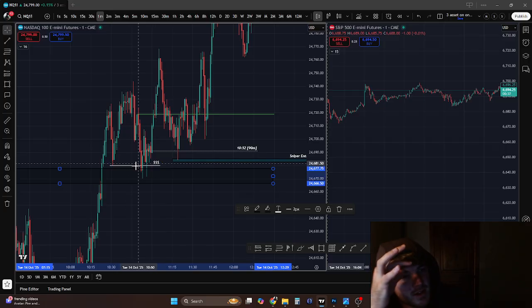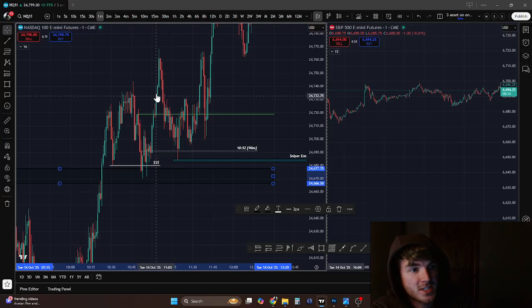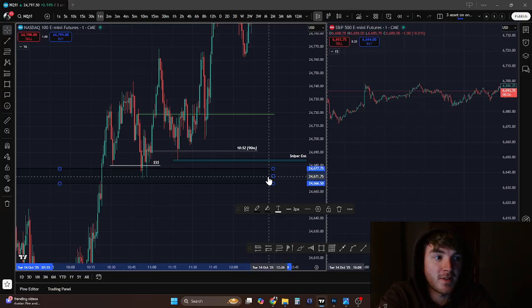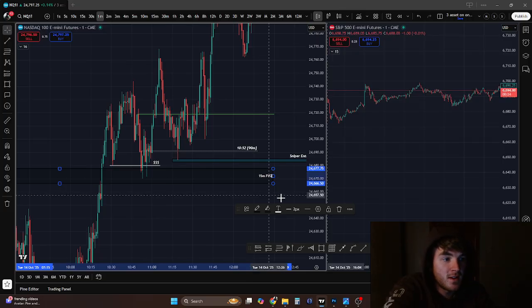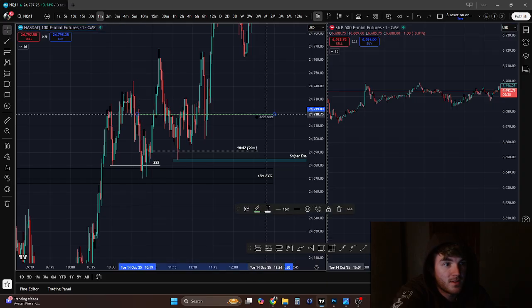So the flow state model is liquidity sweep, and then change in state of delivery, and then we use a higher time frame key level. So if we have a 15-minute key level for flow state, we use a 1-minute change in state of delivery, like right here.